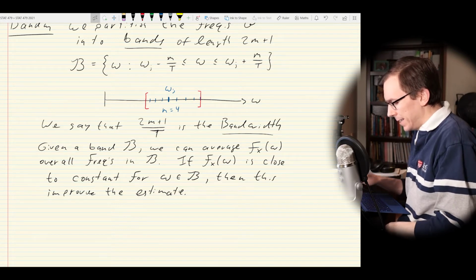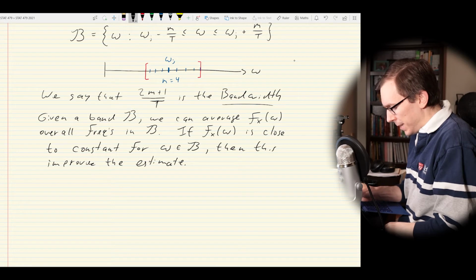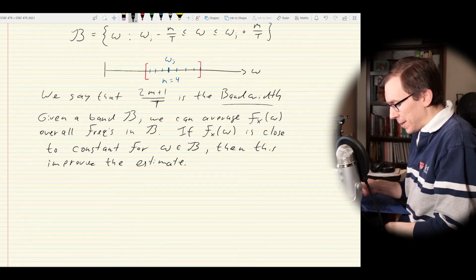Well, mathematically, what we get is a periodogram, which is also going to be terrible notation. We're going to call it I bar.